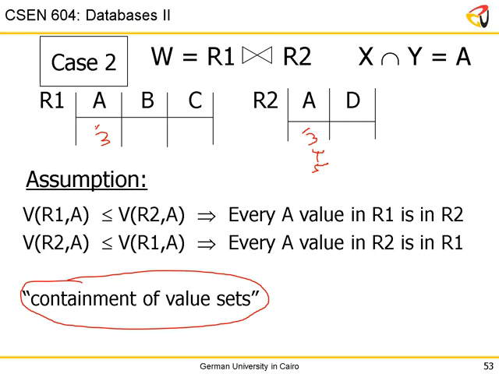Unless you have some data anomaly, whatever appears in the foreign key column must appear in the primary key column. If you see the number 10 in the foreign key, it has to appear as a primary key in the other table. This is called containment of value sets: one of them is contained in the other. The foreign one is contained in the primary. This is what we're trying to say here as well.